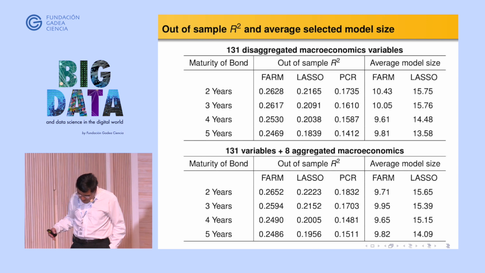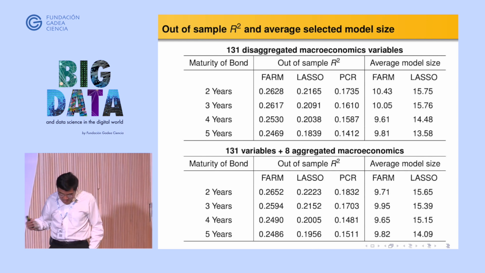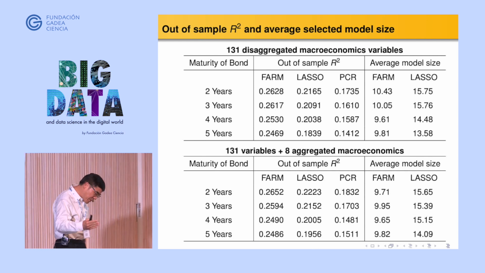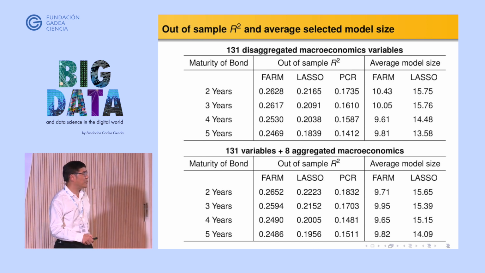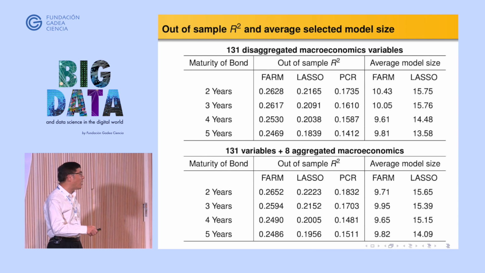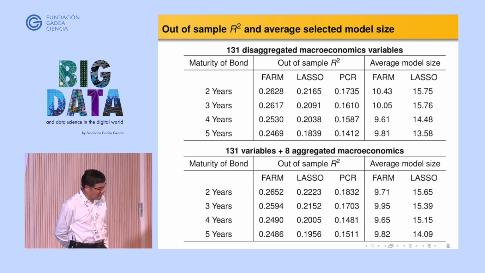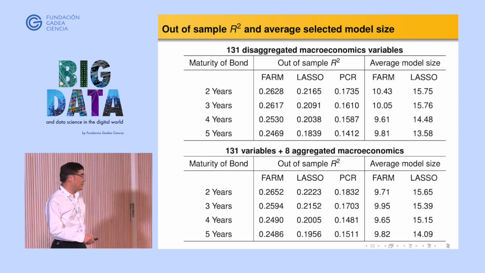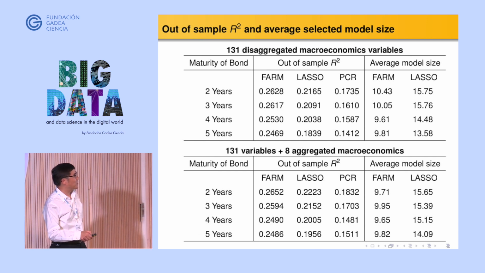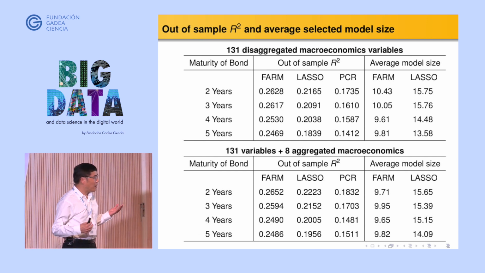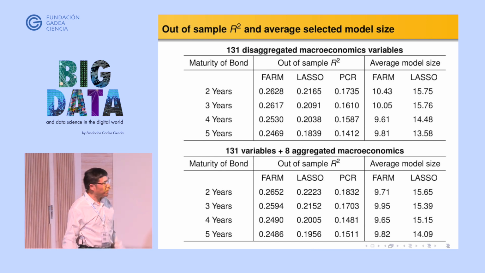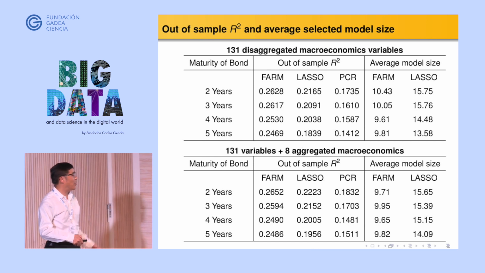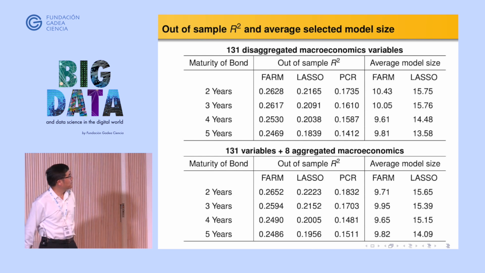And similarly, if you are curious, I use 139, that is, 131 plus 8 aggregated macroeconomic time series, and I apply the penalty only on those 131. And the result is pretty much the same as the table you had before. So in other words, the aggregated data is already incorporated in our forecasting results.